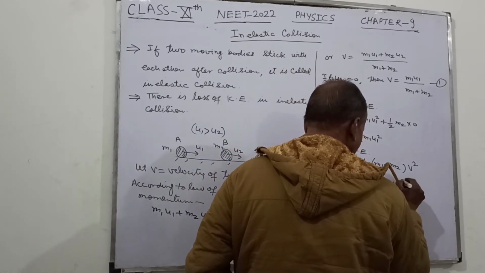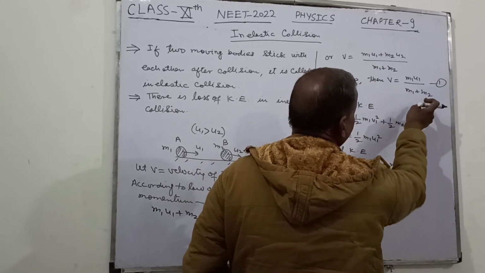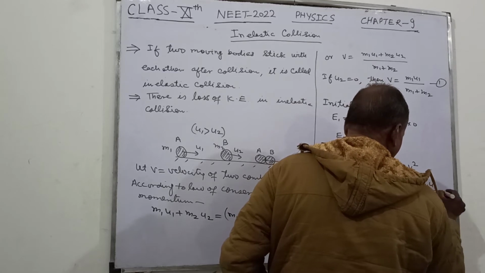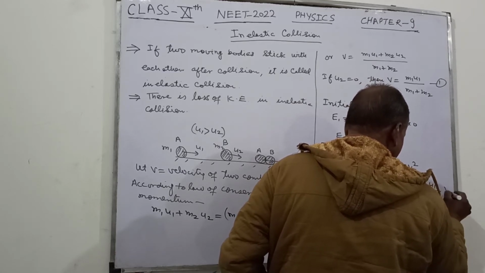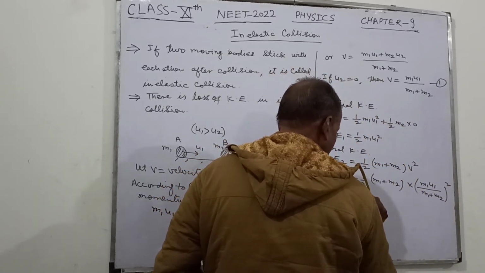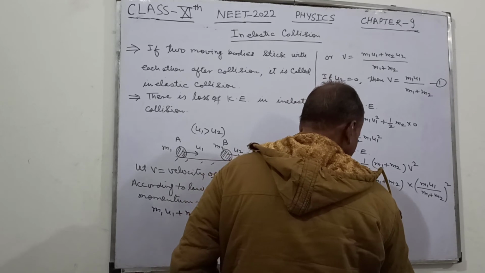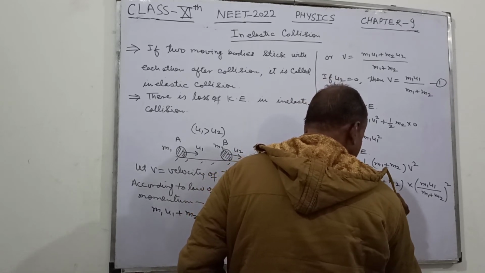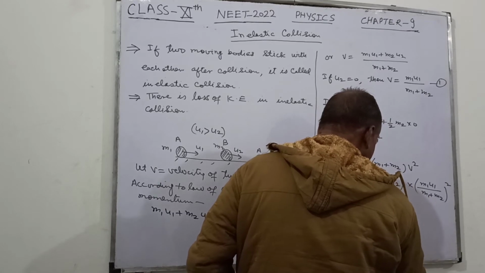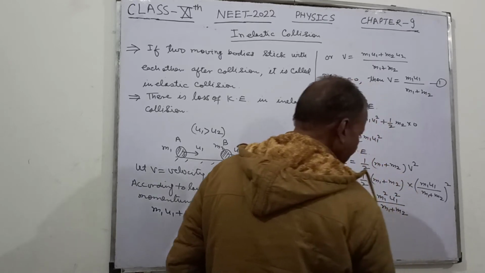In place of v we write m1 u1 upon m1 plus m2. Now one m1 plus m2 will cancel, and this will be m1 square u1 square upon m1 plus m2.